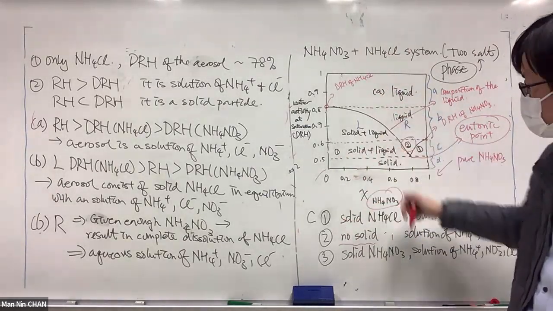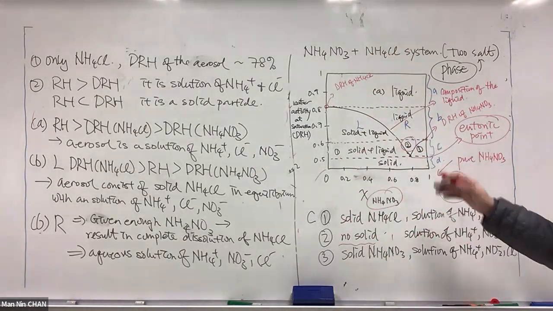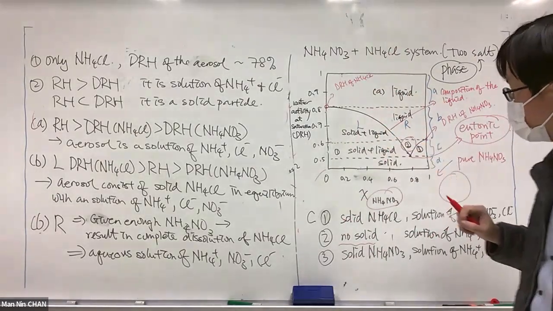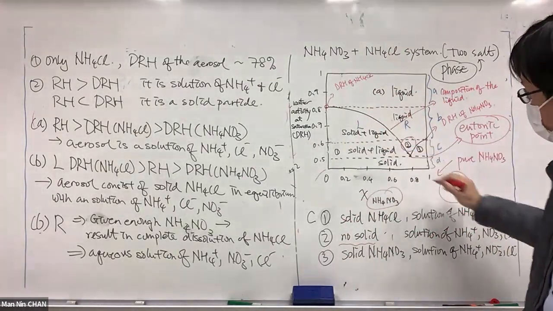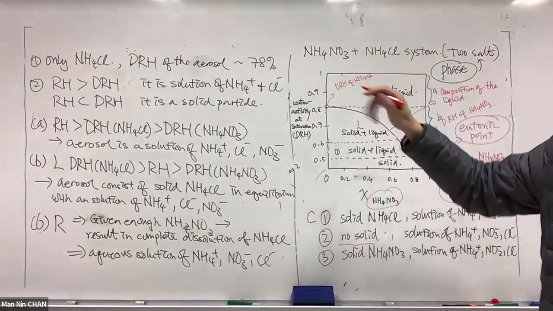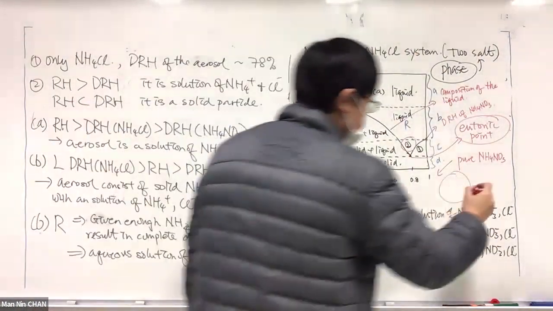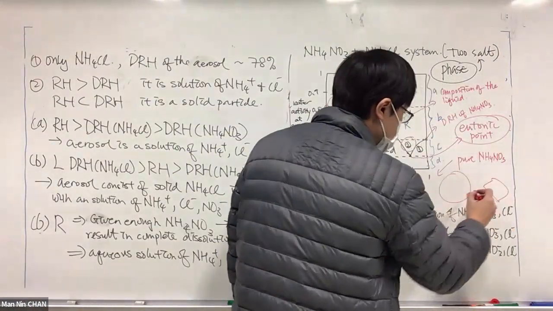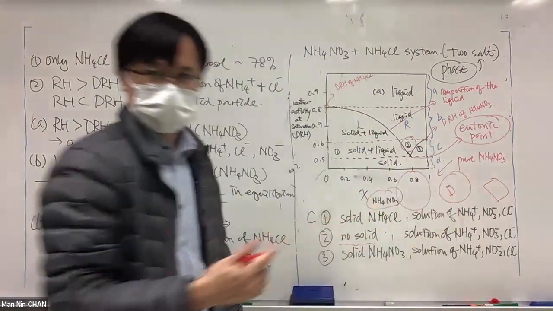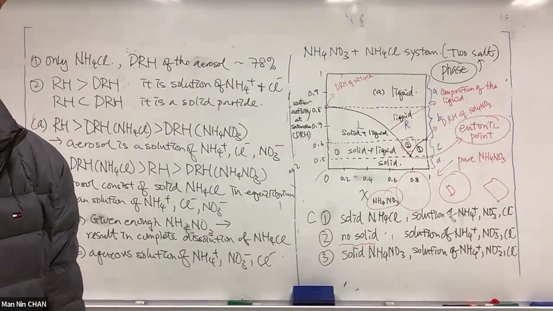But in between, I just want to highlight this: don't worry too much about where the lines go, but I hope you have some idea that when you talk about aerosol with multiple components, you will always have some liquid, you can have solid, and in between you can have solid and liquid coexisting. So you are not always looking at a pure liquid droplet or pure solid.